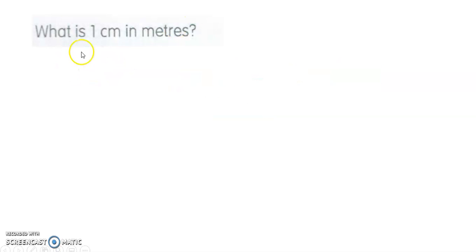The question says, what is 1 centimeter in meters? Before we know that, we have to know that 100 centimeters equals 1 meter. So if you have 100 centimeters, it's the same as saying it's 1 meter. So 1 centimeter equals 1/100 meters, because as we said, 1 meter equals 100 centimeters, and this is the same as if we divided the 1 meter into 100 parts of centimeters.